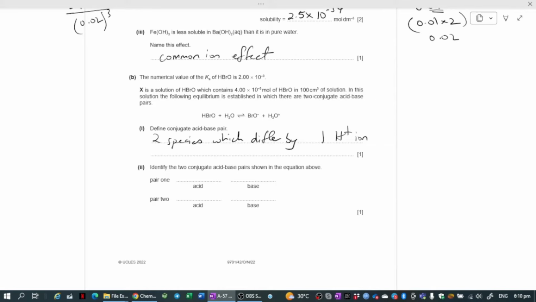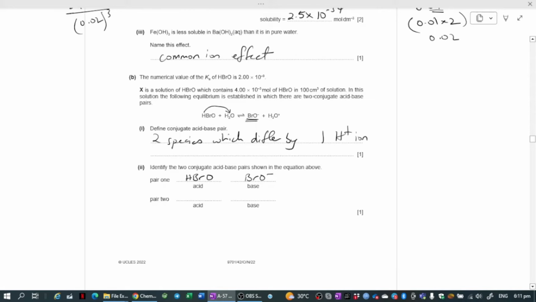So remember, an acid is a proton donor, a base is a proton acceptor. So let us first consider the forward reaction. In the forward reaction, we should realize that HBrO is donating its proton to water to form BrO minus. So HBrO is actually our first acid in this pair. And BrO minus likewise will become our first base.